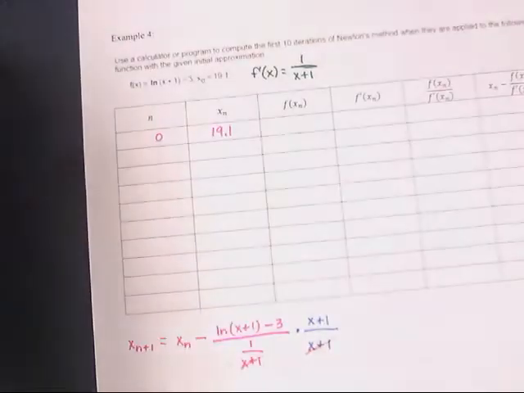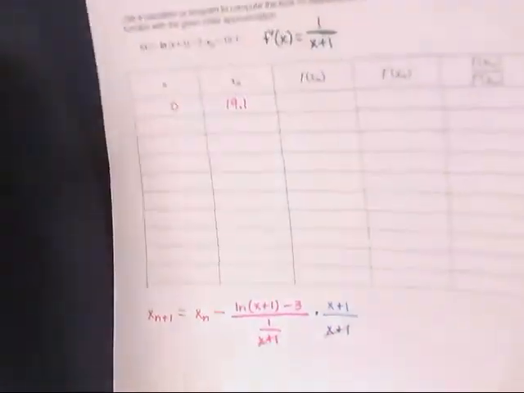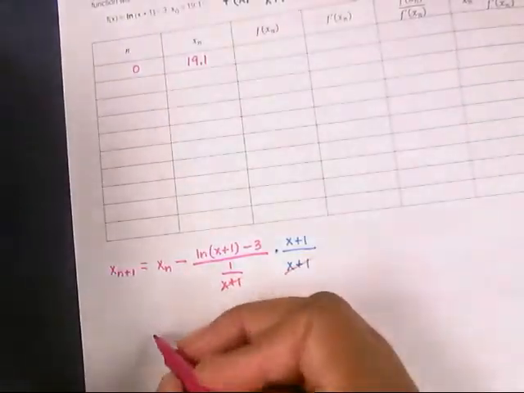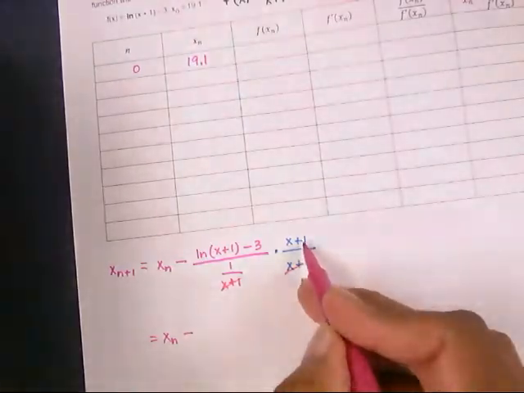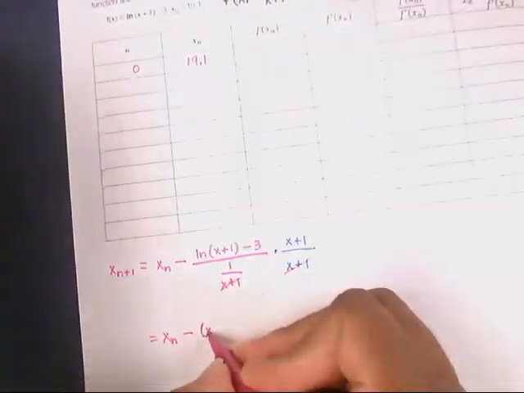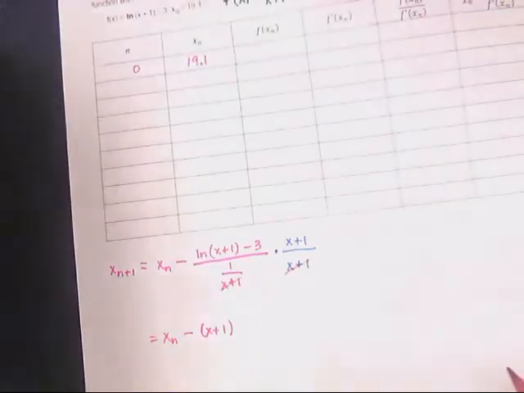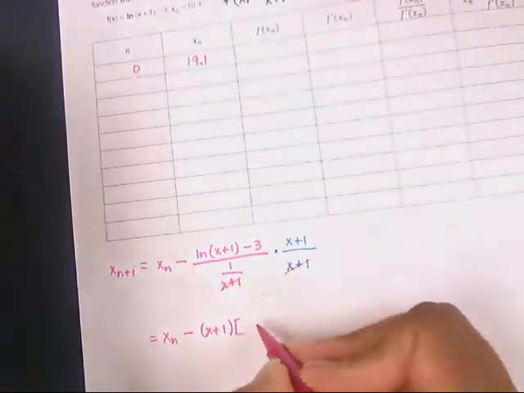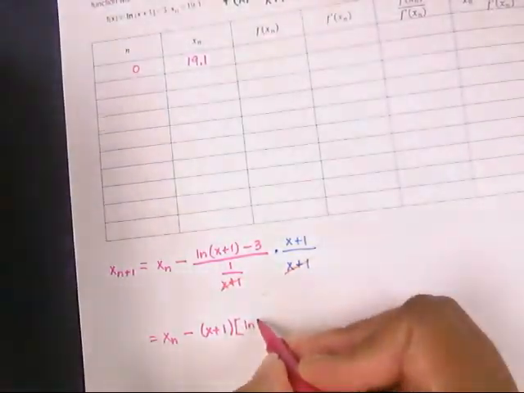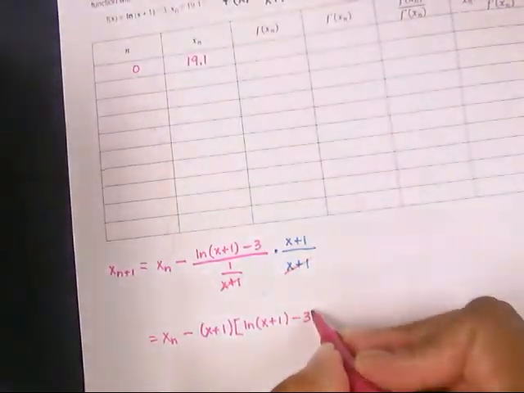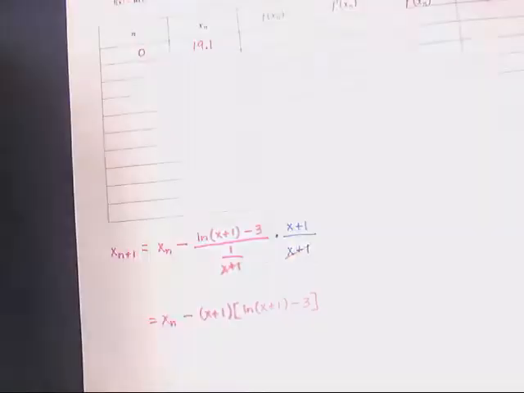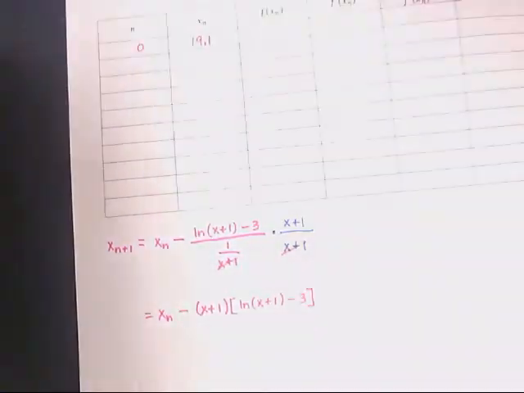I'm going to be left with a 1 in the denominator. So here I'm going to have x sub n minus, now the numerator, I'm going to pull the x plus 1 in front, and then that's going to be multiplied by this, ln of x plus 1 minus 3. That's going to be my new function here.